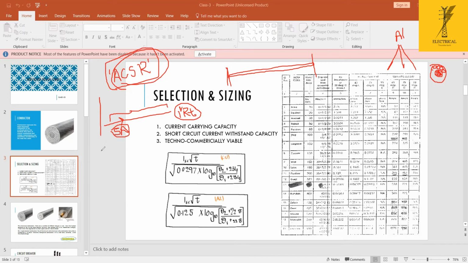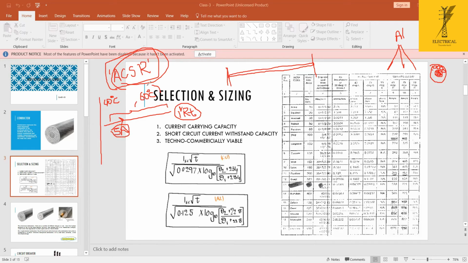Suppose the ambient temperature in that region is 40 degrees Celsius, but due to the flow of 5 amps in this conductor, the conductor temperature is 60 degrees Celsius. When I am injecting 5 amps, based on the resistance and the time of flow, the conductor temperature rises to 60 degrees Celsius.